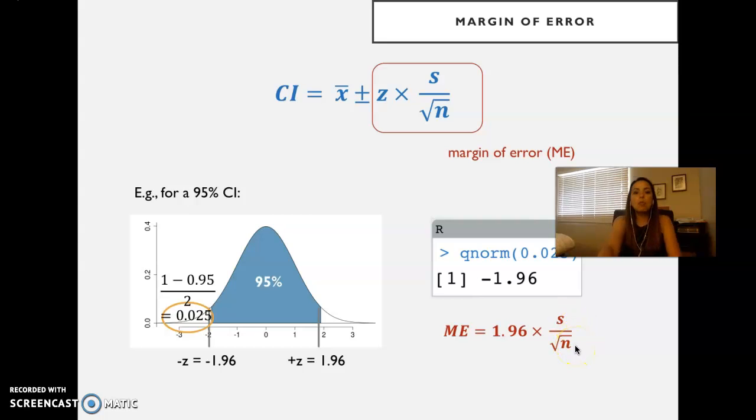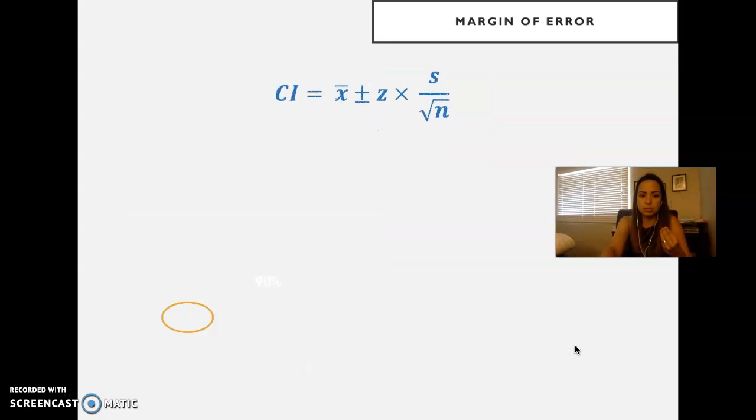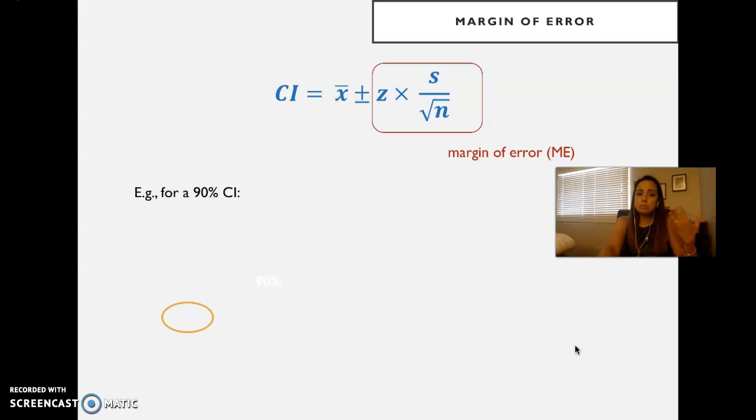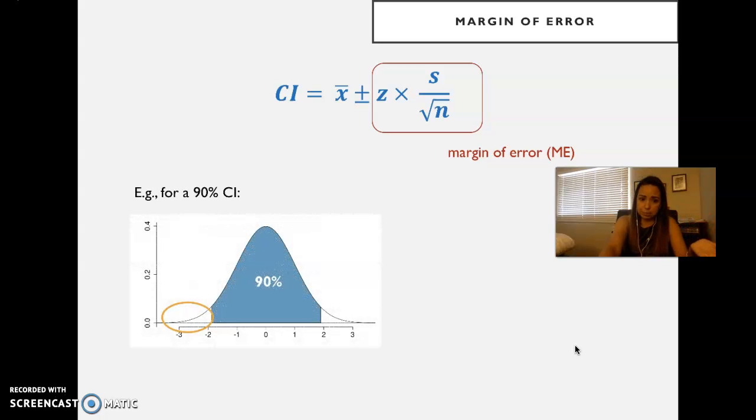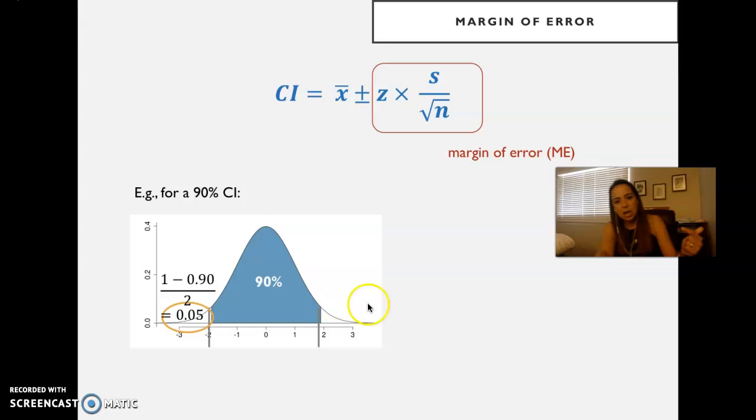Okay? Now, what's the formula for computing the 90% confidence interval? Well, for the 90% confidence interval, now I have 10% to divide on the two sides, right? So I have to find the boundary. So (1 minus 0.90) divided by 2, so I have 0.05 on this side, 0.05 on that side.